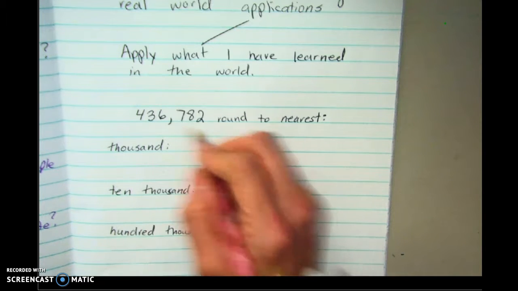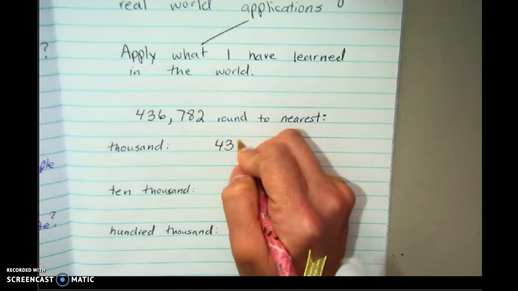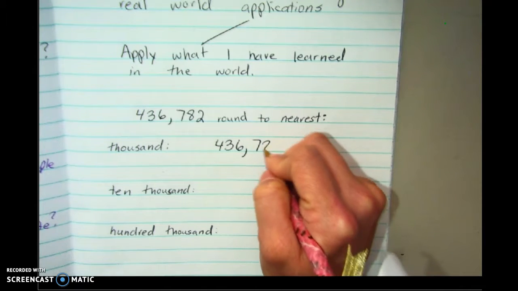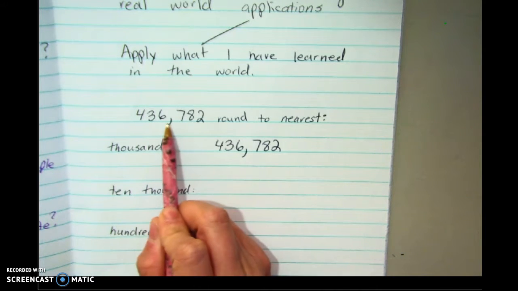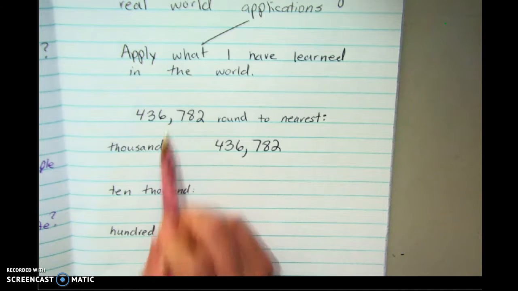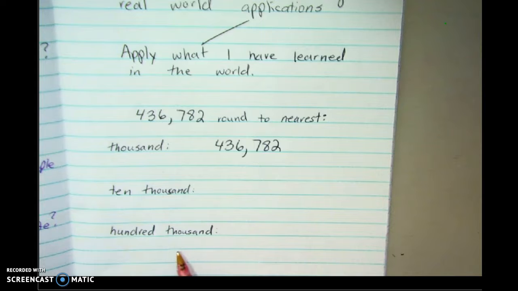So for thousands, I'm going to write the number that they gave me to start with: 436,782. The reason why I rewrite it is because if I underline and circle on this number, I could get confused on the next one, because I have lots of underlines and circles, and I don't know which place I'm going to anymore. So I always rewrite the number. Get it? Okay.